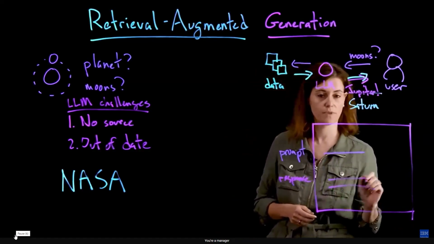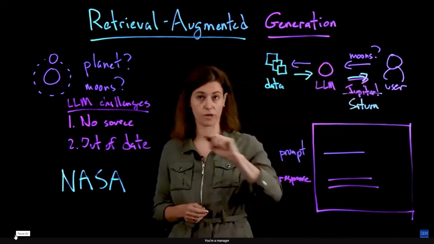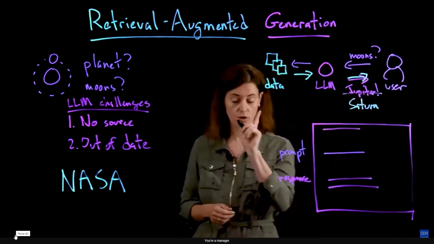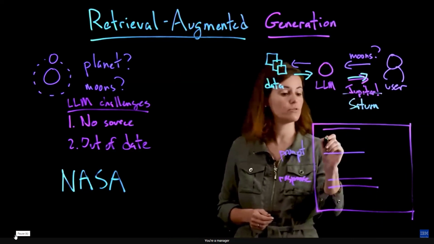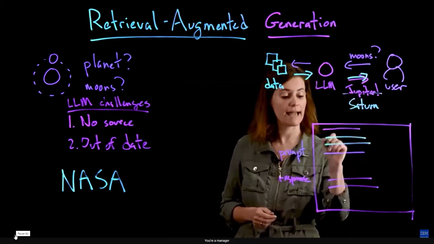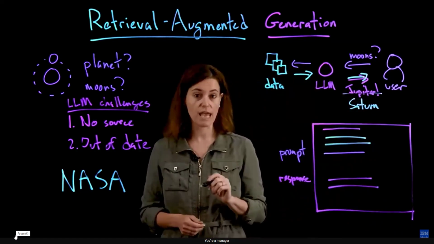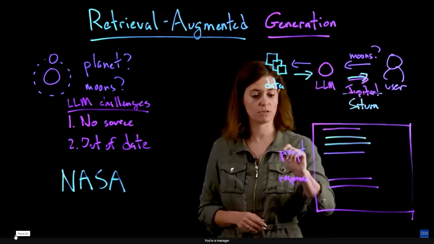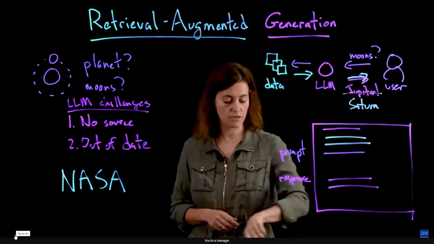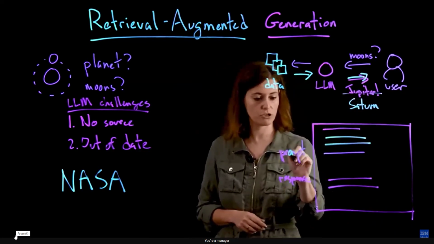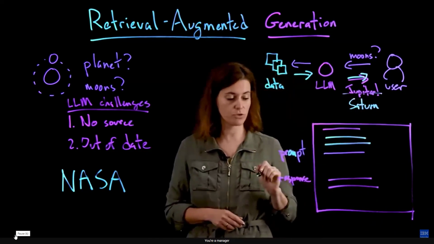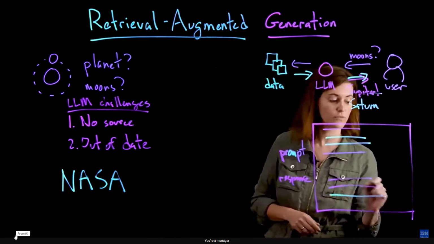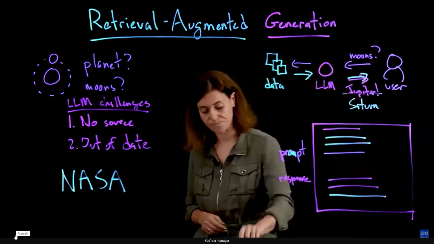But now, in the RAG framework, the generative model has an instruction that says, no, first load and retrieve relevant content, combine that with the user's question, and then generate the answer. So the prompt now has three parts: the instruction to pay attention to the retrieved content, together with the user's question, leading to the response. In fact, now you can get evidence for why your response was what it was.